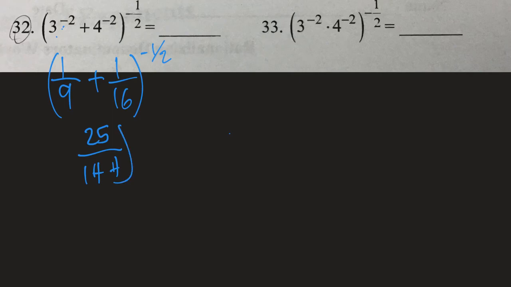And this we're going to have to the power of negative 1/2. Well, that negative sign in the exponent means that we're going to take the reciprocal, so we're just going to flip it across the fraction bar, giving us 144 over 25.